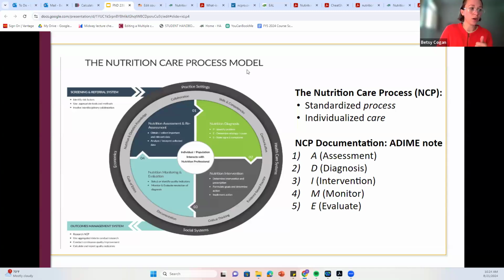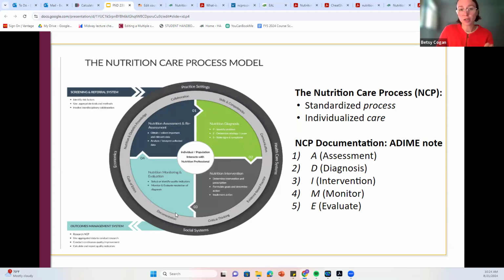So ADIME is an acronym. It stands for Nutrition Assessment, the A part of ADIME. D is the nutrition diagnosis that we provide based on our assessments. And then we have the I, or nutrition interventions. These are the interventions that we deem appropriate based on our nutrition diagnosis.